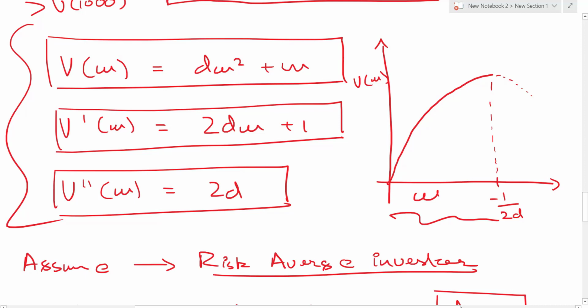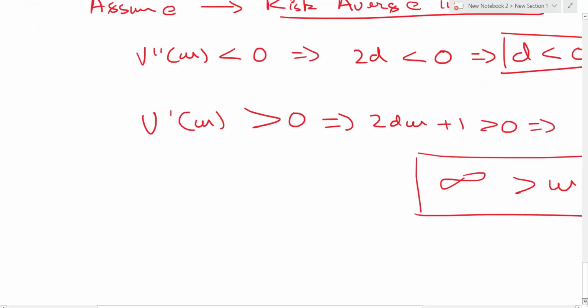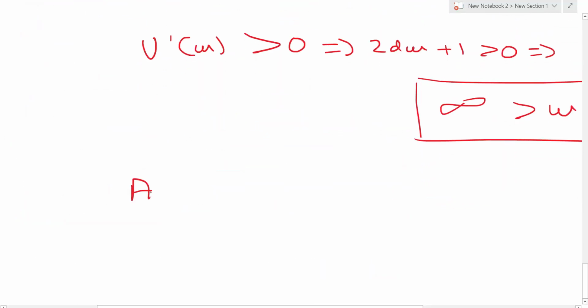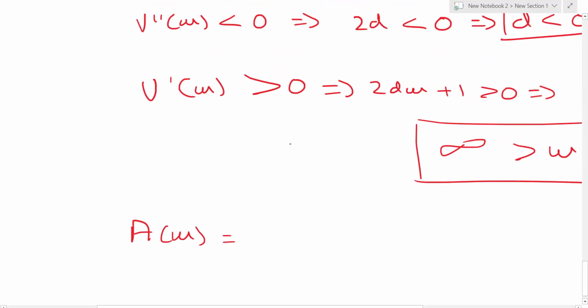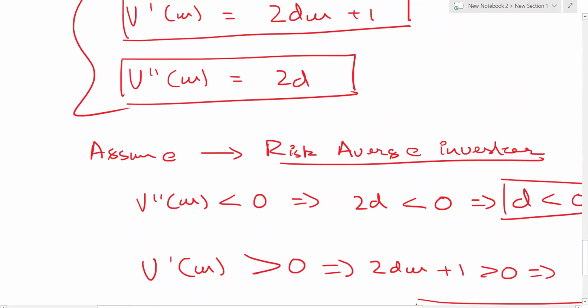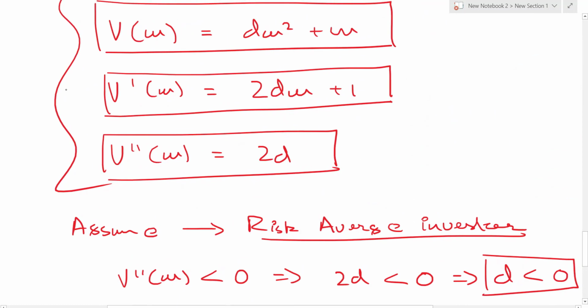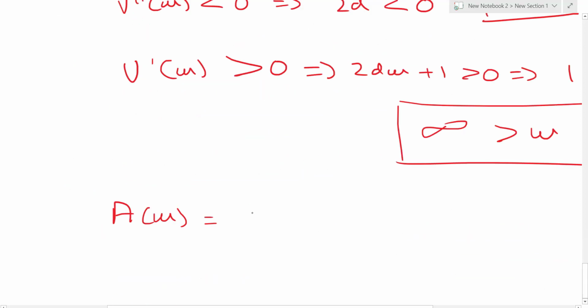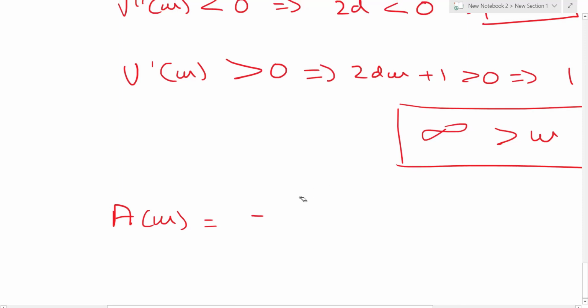Let's move on. Now, if I want to calculate the absolute risk aversion, as we saw in the last section, how will you calculate it? The way to calculate that is negative of v double dash w divided by v dash w, right?